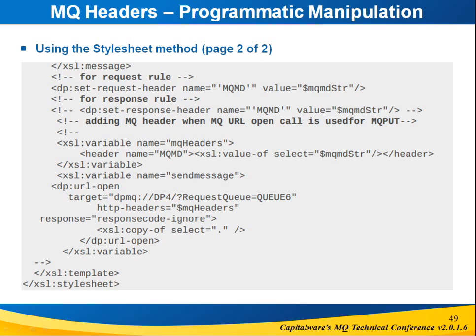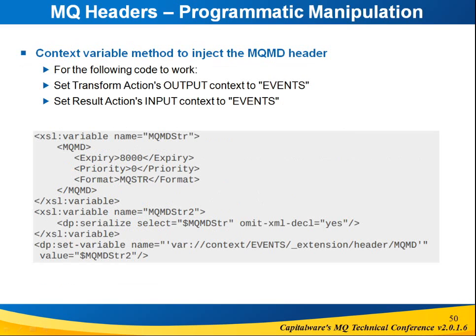Then what you have after that is the host name or IP address, :port, then you have a slash and then question mark, and then you include the server connection channel name and all the other parameters necessary to do a dynamic connection to a queue manager without the necessity of setting up a queue manager connection object at all. So in other words, you're programmatically connecting to any queue manager of your choosing inside of a style sheet, which can be very handy as well.